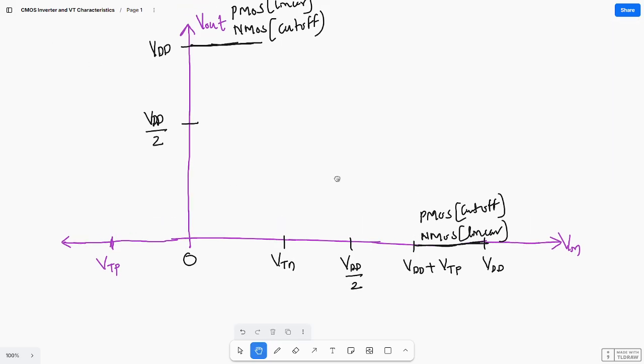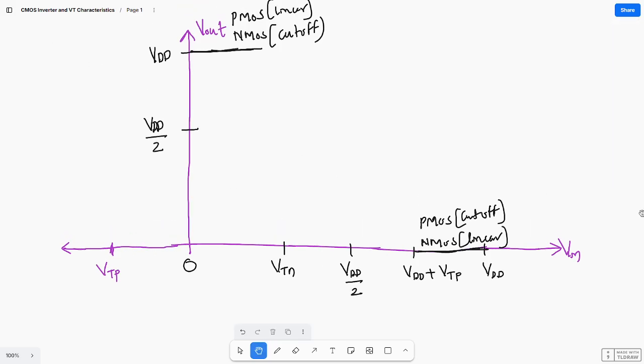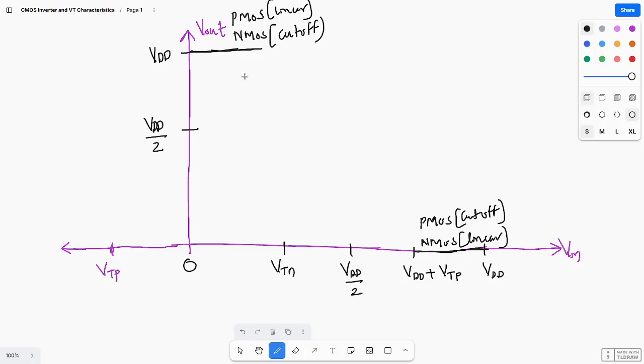And next, if you draw the curve like this, gradually, if you combine like this, what happens here?